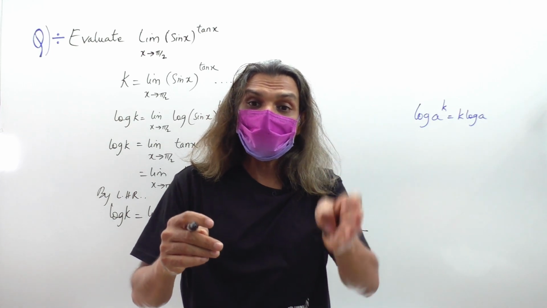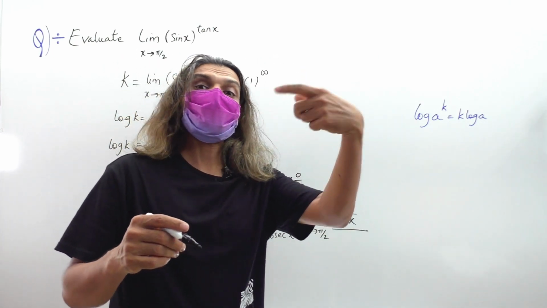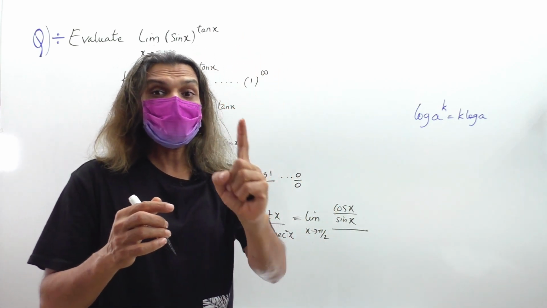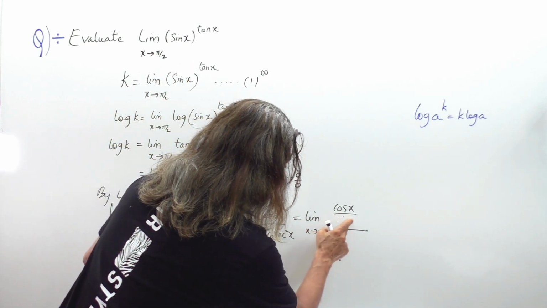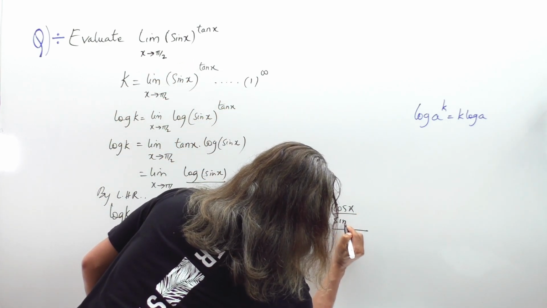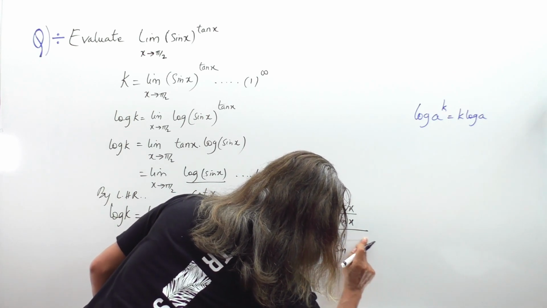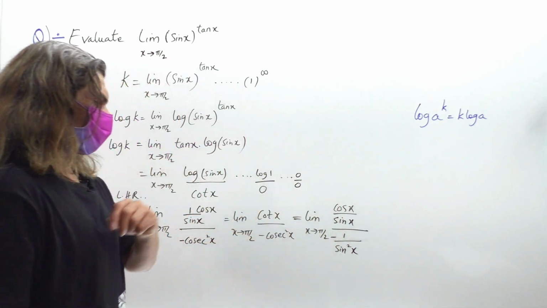Getting it? 1 by cosecant is sin. So cosecant square is what? Cosecant is 1 by sin. Remember it. So this cosecant square I will write as 1 by sin square x. So minus 1 by sin square x.